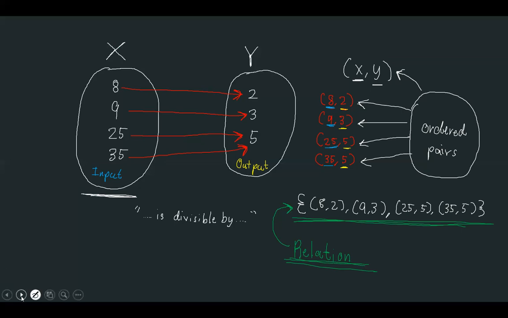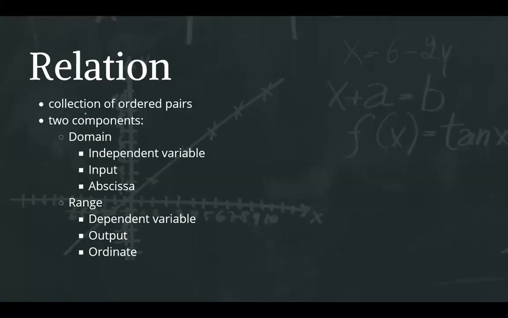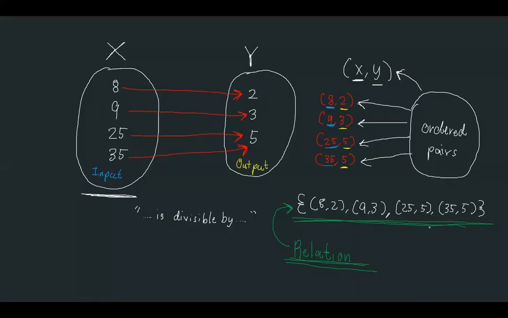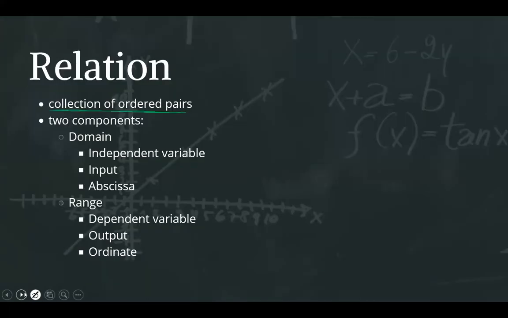So let's proceed to the next slide to sum up what a relation is. Relation is a collection of ordered pairs, just like this one. Since I already mentioned all of the given ordered pairs here, these are the ordered pairs. There are two components: we have the domain and we have the range.